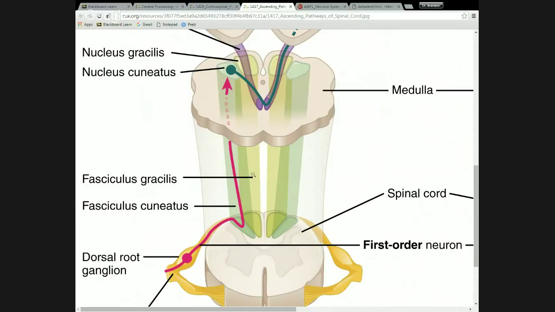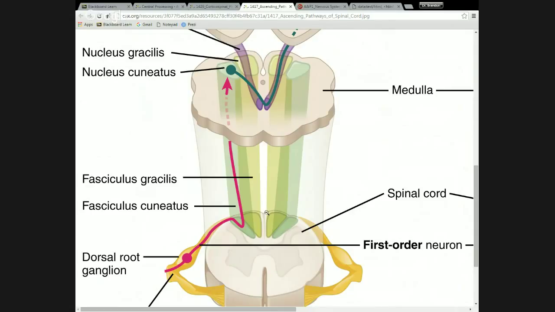The gracilis is more medial and the cuneatus is more lateral. We actually don't see the cuneatus until we're in the upper thoracic to cervical spinal cord. Below, say, the T2, T1 level of the spinal cord, the dorsal column is pretty much just the gracilis.